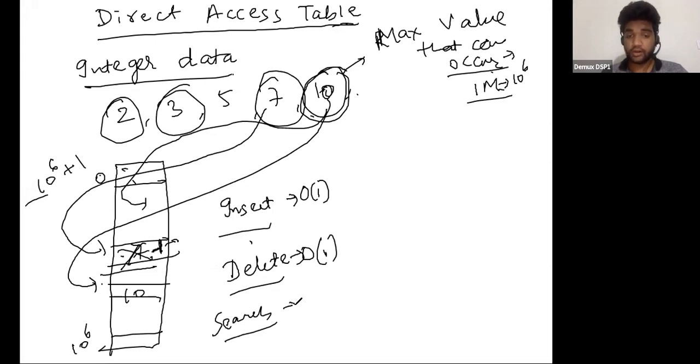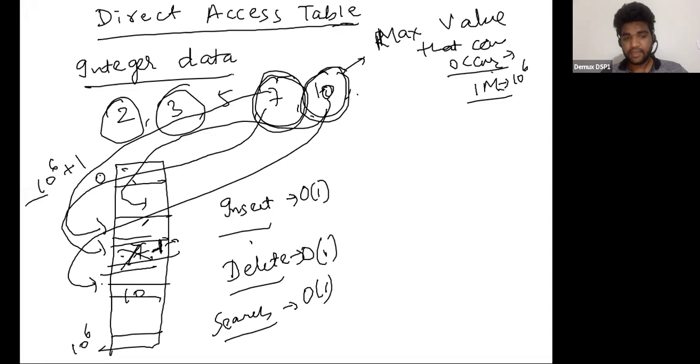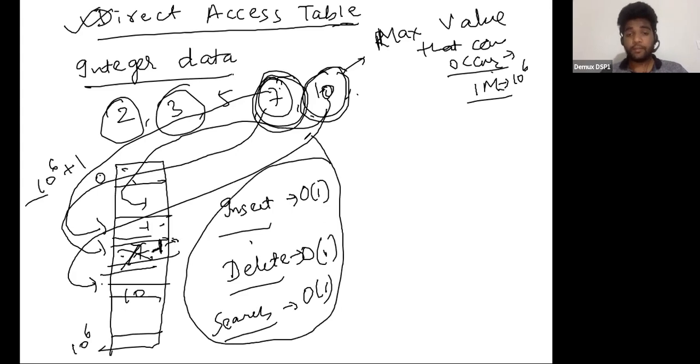Searching is also order 1. You can simply go to that index and see if it is -1, then you know that that element does not exist. And if it is equal to the value, then you know that that element exists and you can return true. So you can have something like this, which gives you constant time operations for all these.